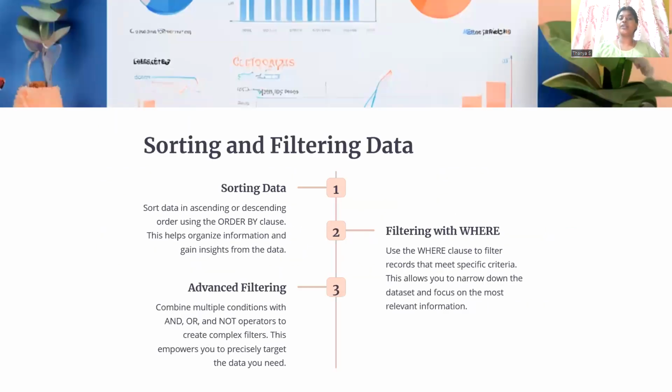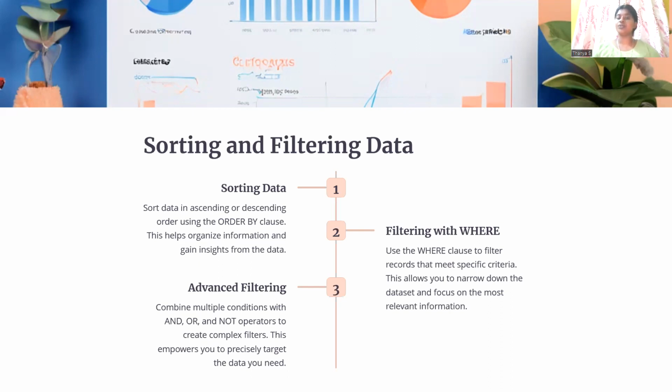Next is sorting and filtering data. Sort data in ascending or descending order using the order by clause. This helps organize information and gain insights from the data. Next is filtering with where. Use the where clause to filter records that meet specified criteria.